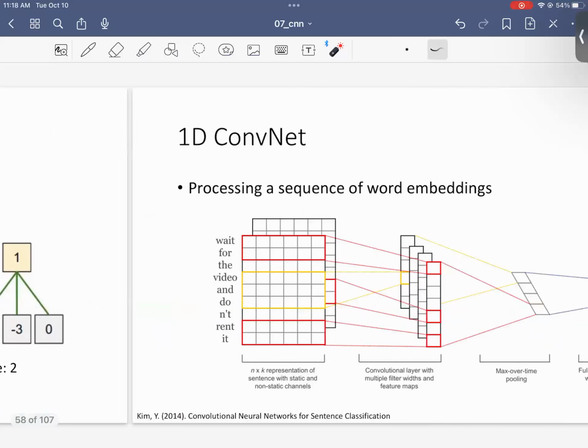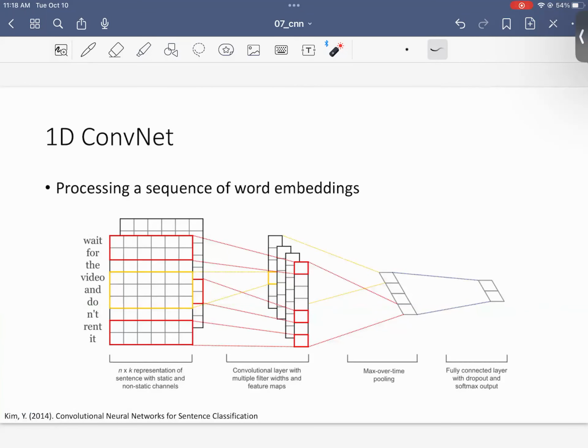One of the very first papers that used 1D convnet on NLP tasks, which is document classification, was way back in 2015. I'm not sure, 2014, by Yoon Kim, who's now an MIT professor. So he was, I guess, officially the first person to use 1D convnet on text to do text classification, which was a pretty neat idea, because if you think about it, language has some local dependency.